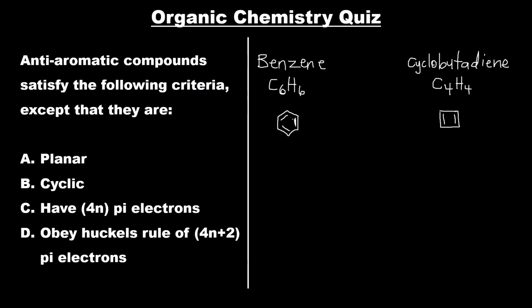So there is a carbon here, another carbon here, carbon here. The same thing applies to this. So this is the structure of cyclobutadiene. Now, benzene is actually an aromatic compound and cyclobutadiene is an anti-aromatic compound. So I'll be using these 2 examples to help us answer our question.